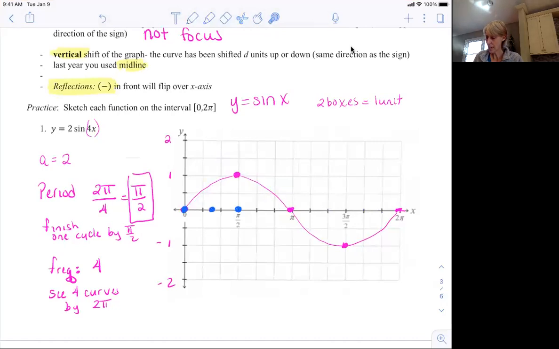I go up, down, up. So this guy here is going to be the up part. Go halfway in between. Now, instead of going to 1, my graph is going to go all the way up to 2. I'm going to go halfway in between my next 2, and I'm down at my lowest point. So I go here, go halfway in between, and go down to the lowest point on the curve.